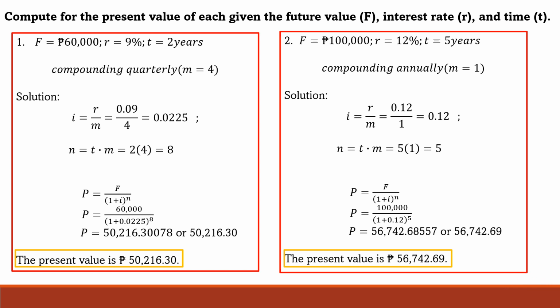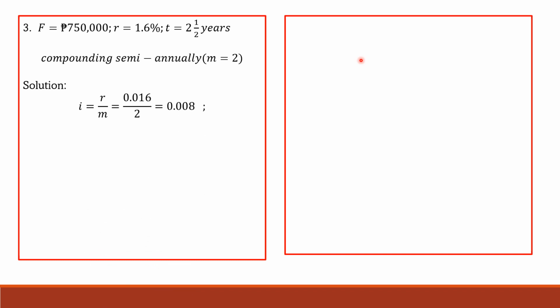Next, for our third example, given the final amount 750,000 pesos, the interest rate 1.6%, and the length of time is 2.5 years. So this is compounding semi-annually. So M is equal to 2. Okay?